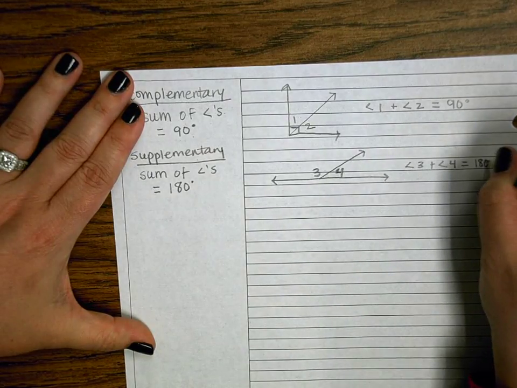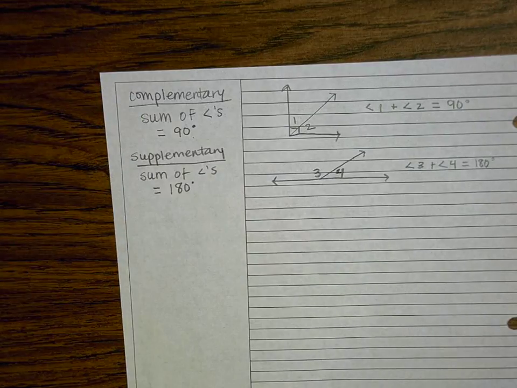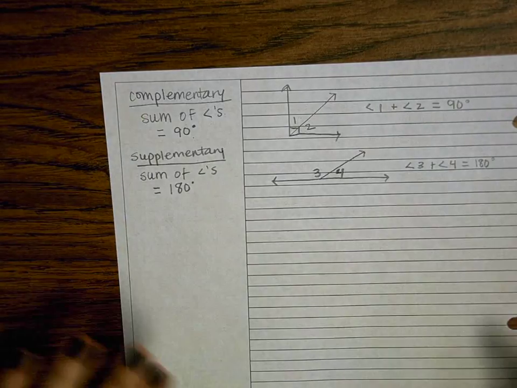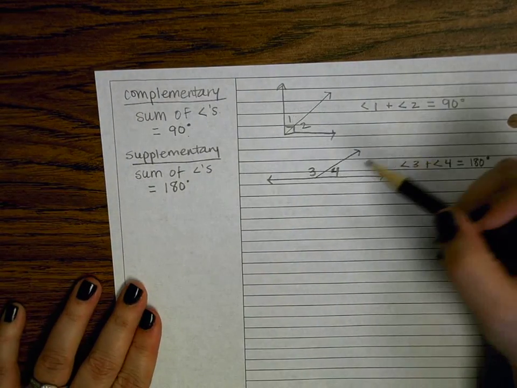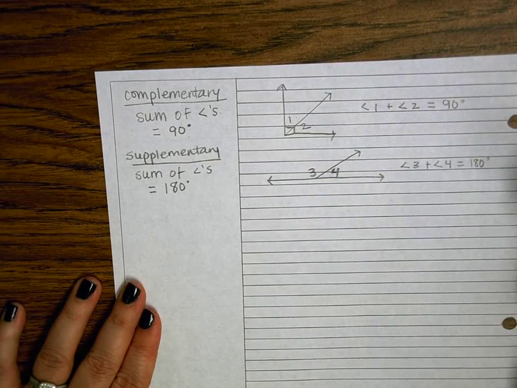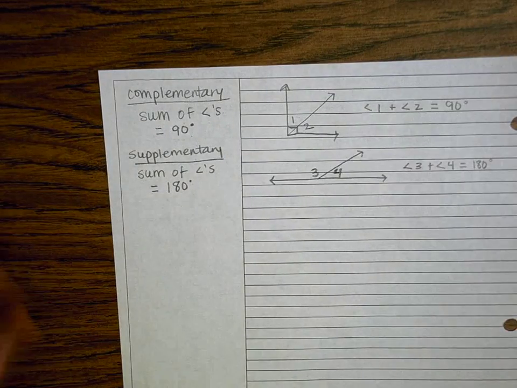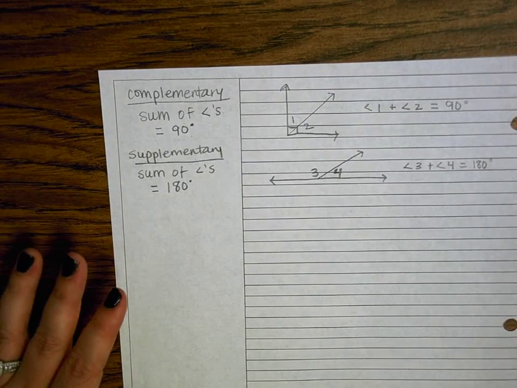So those straight lines are going to be supplementary. They add up to 180. Could I draw more angles in here? Could I put angle 5, angle 6, angle 7? Yes, and they still all add up to 180. They'll be all different measures, but they will add up to 180. So that's supplementary.